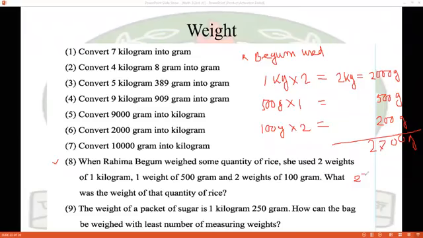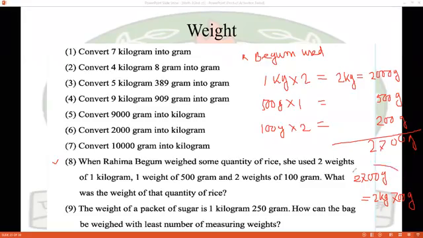So 2700 gram is equal to 2 kg 700 gram, because when we divide by 1000 we get 2.7. 2.7 means 2 kg, and 0.7 means 700 grams.